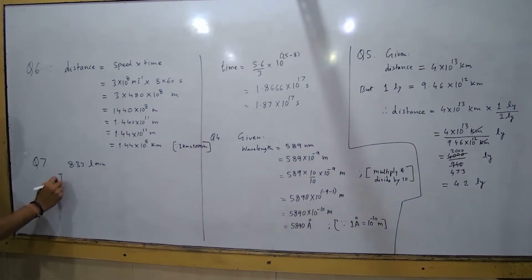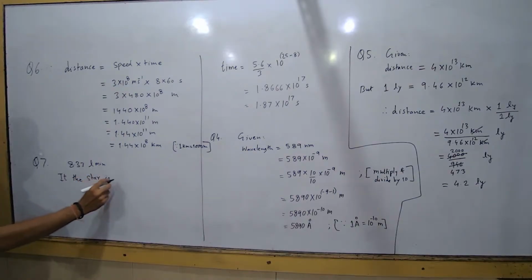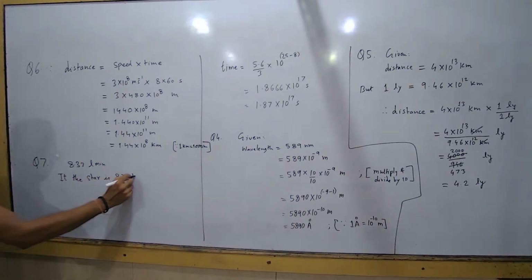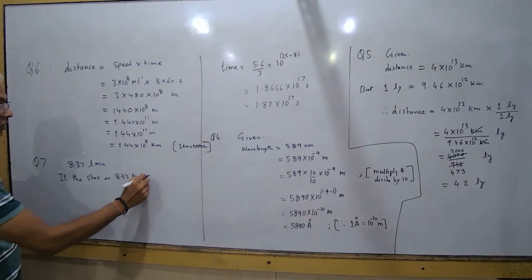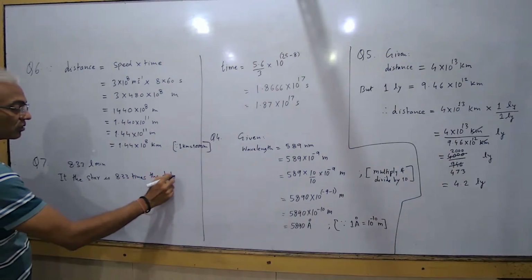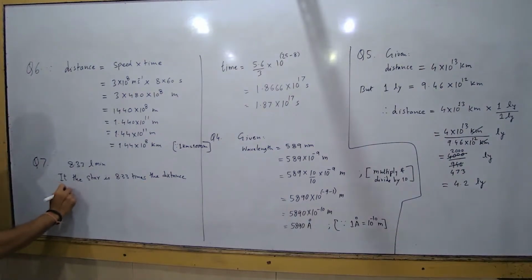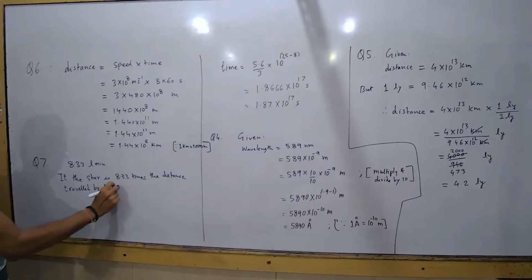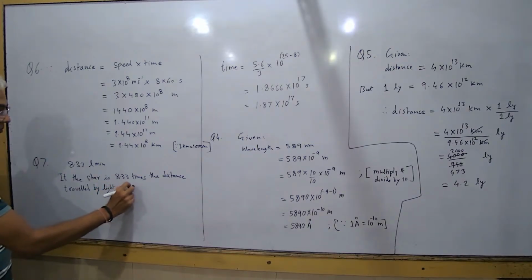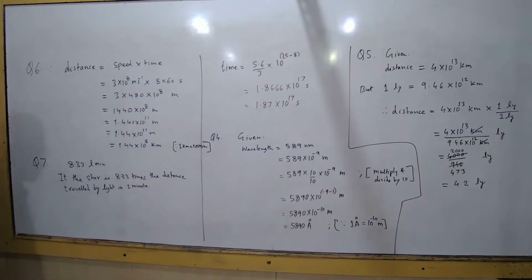It means that the star is 8.33 times the distance traveled by light in 1 minute. So whatever distance is traveled by light in a minute, the star is 8.33 times that distance.